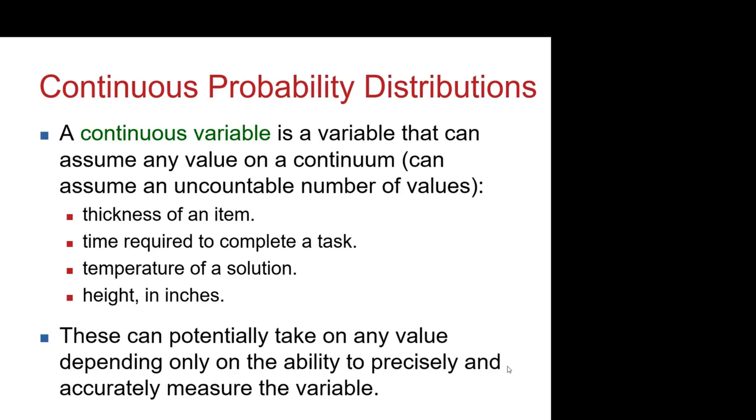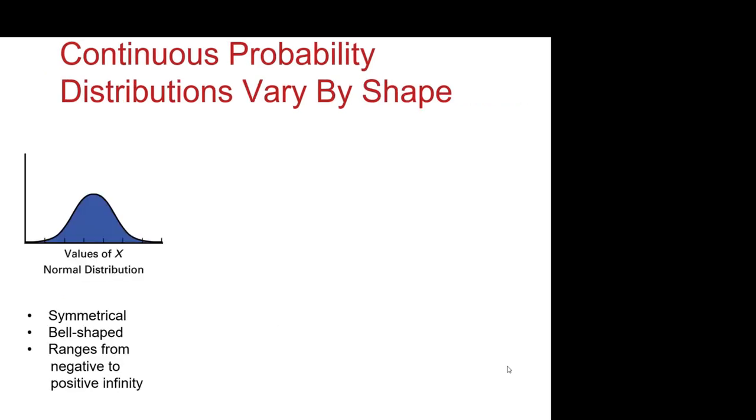So this can potentially take on any value depending on the ability to precisely and accurately measure the variable. If we can measure this variable, then you can get some values out of those continuous variables.